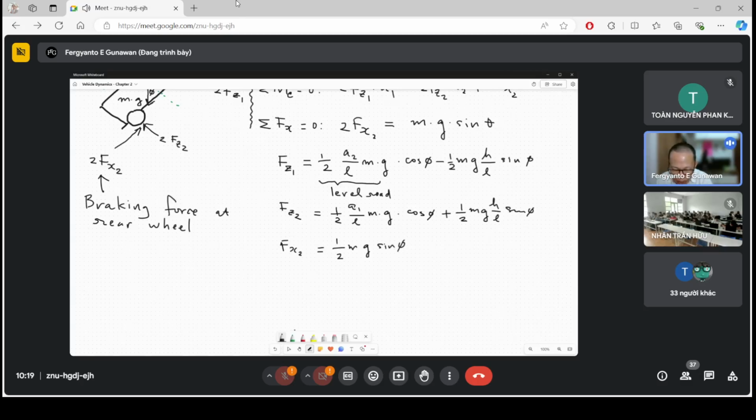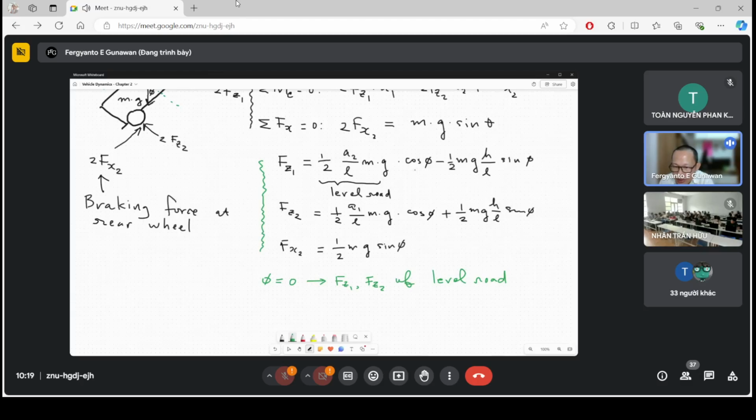Okay, so those are the forces that happen in the car. As you can see, if you set phi equals 0, what we obtain is Fz1 and Fz2 of a level road.